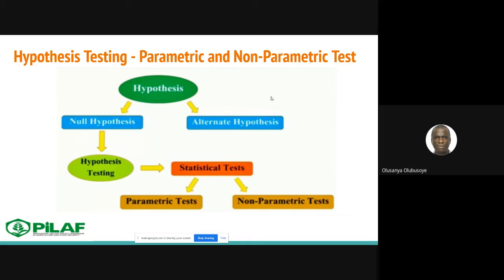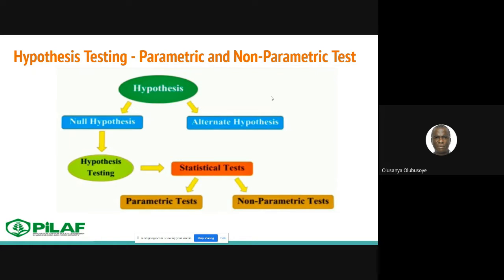So, as I said, hypothesis testing is about making a claim. What a hypothesis testing is, after making the claim, is either the claim is true or the claim is false.